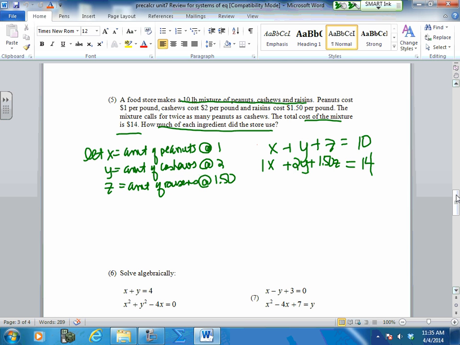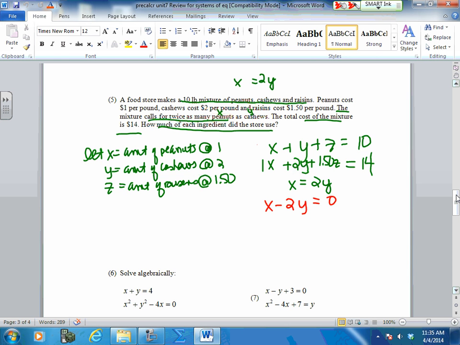Now we have to look for our third equation. The mixture calls for twice as many peanuts as cashews. So start like this. You have to have more peanuts than cashews. So the cashews have to be small, and if I multiply them by 2, I'll have twice as many. So X equals 2Y. And again, get this to one side.